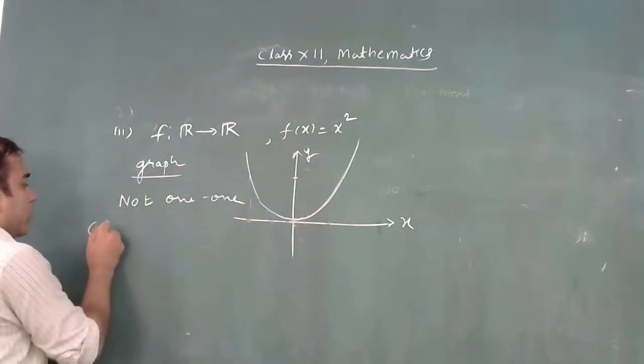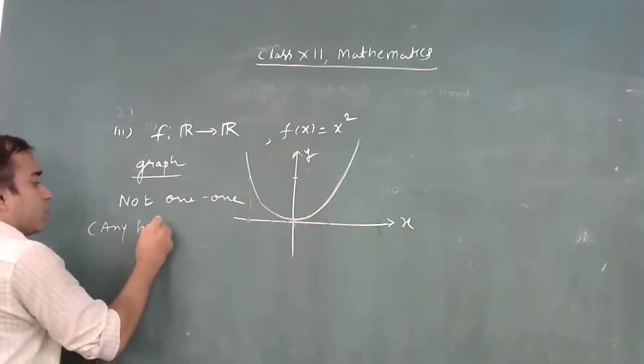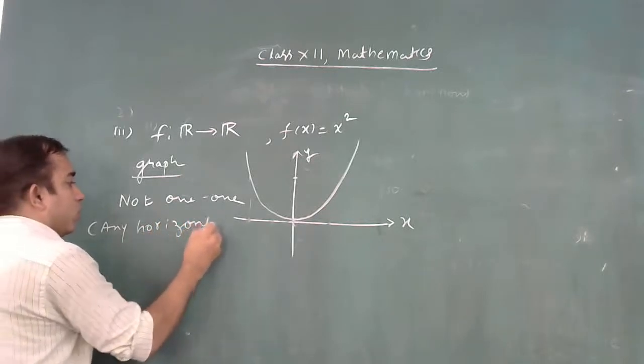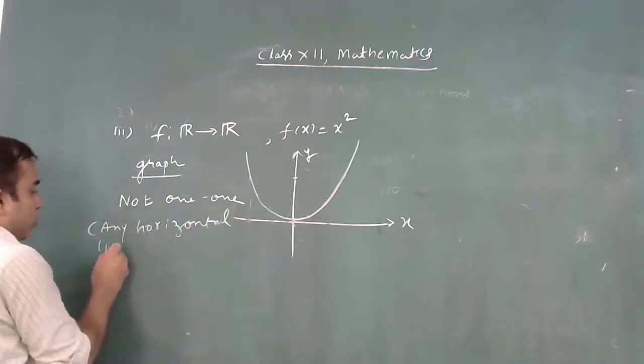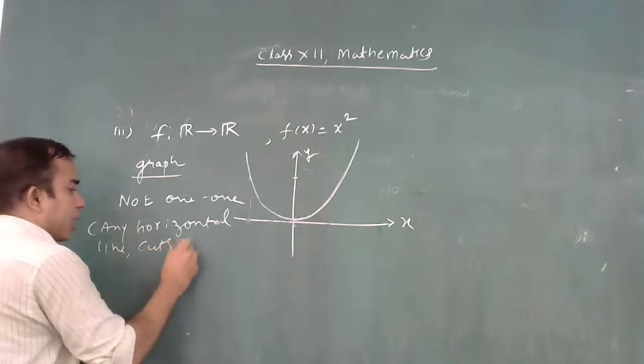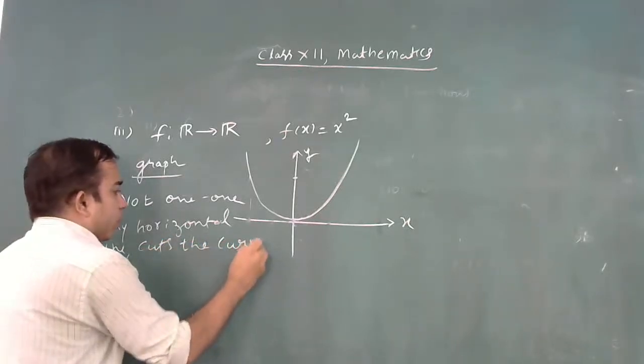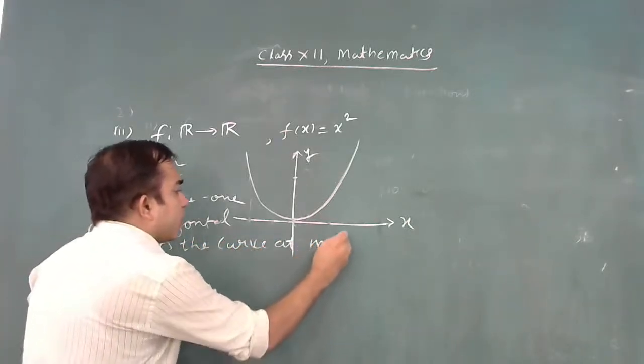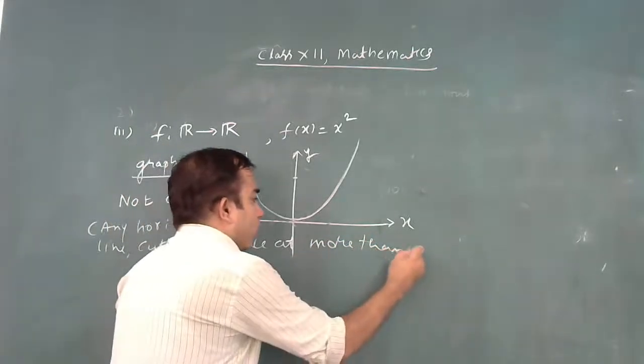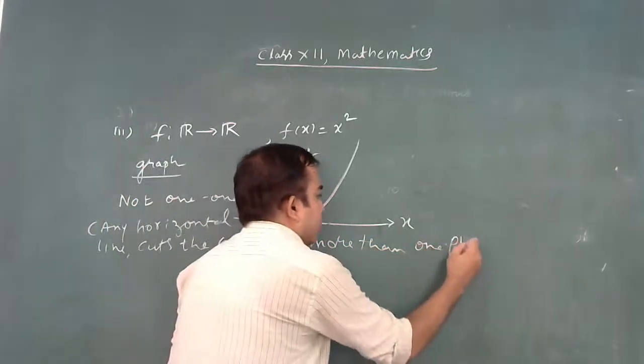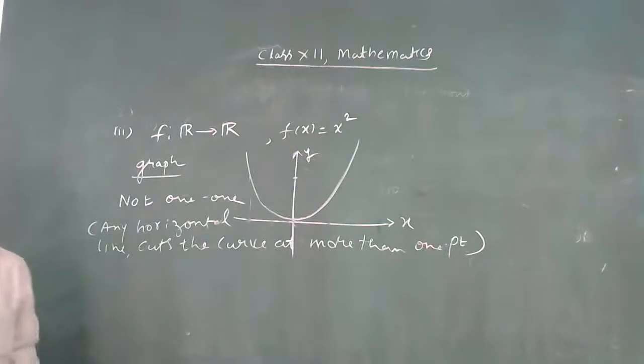Right? Because any horizontal line cuts the curve at more than one point. That's why it is not one.